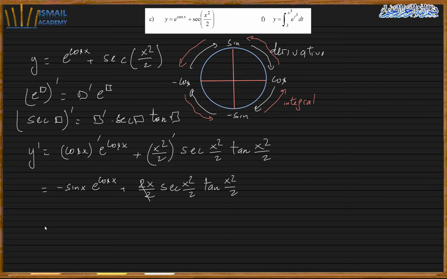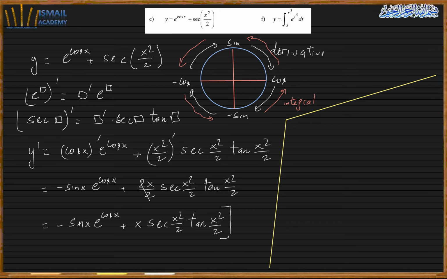Here we simplify, so it's minus sine of x e to the cosine of x plus x secant of x squared over 2 tangent of x squared over 2, and this will be my answer for the last question for today. So this is straightforward.